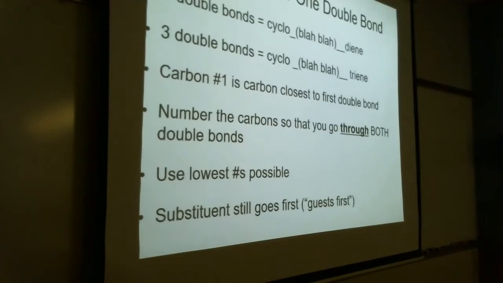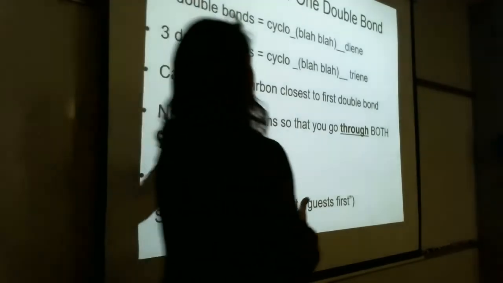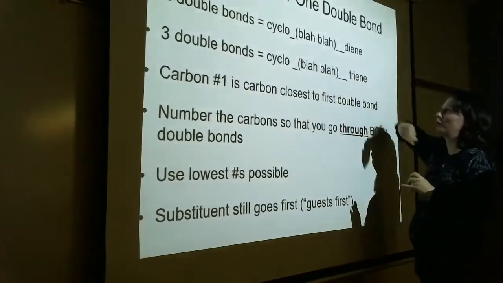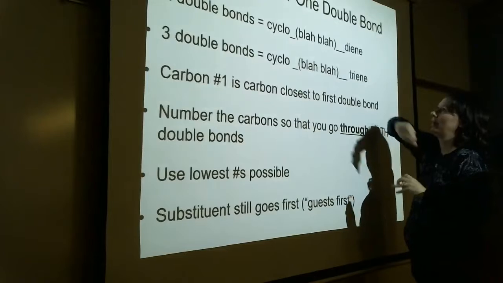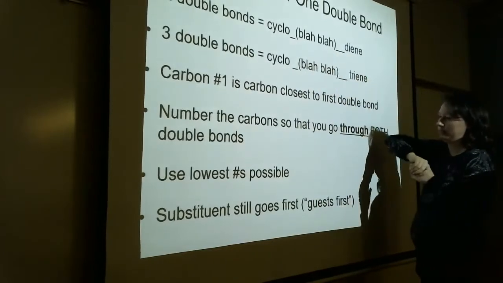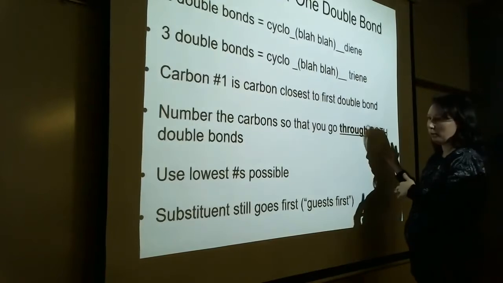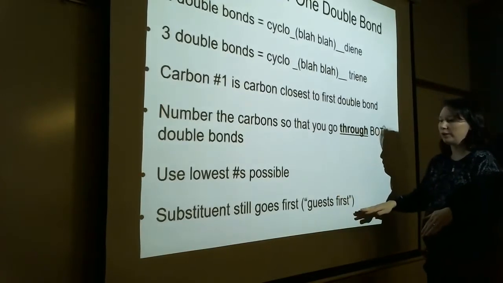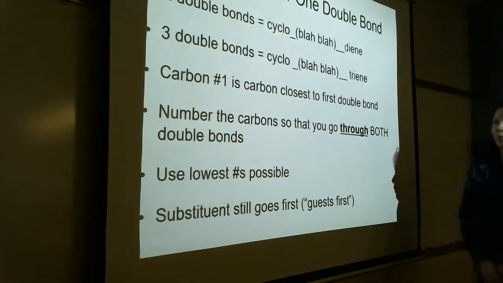Okay, now again, when we have rings with more than one double bond, it's cyclo-whatever-triene, don't forget your numbers, right? And cyclo-whatever-diene. Also, we want to go through the double bonds using the lowest numbers possible, and we're still going to put our substituent first if we have one.